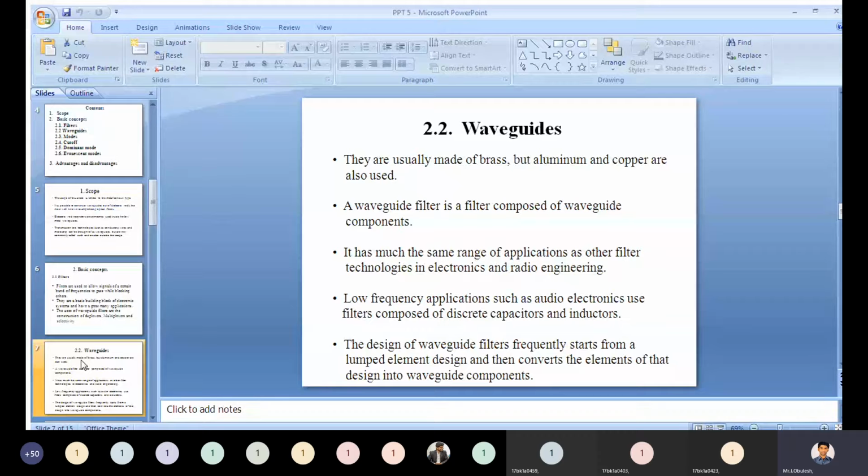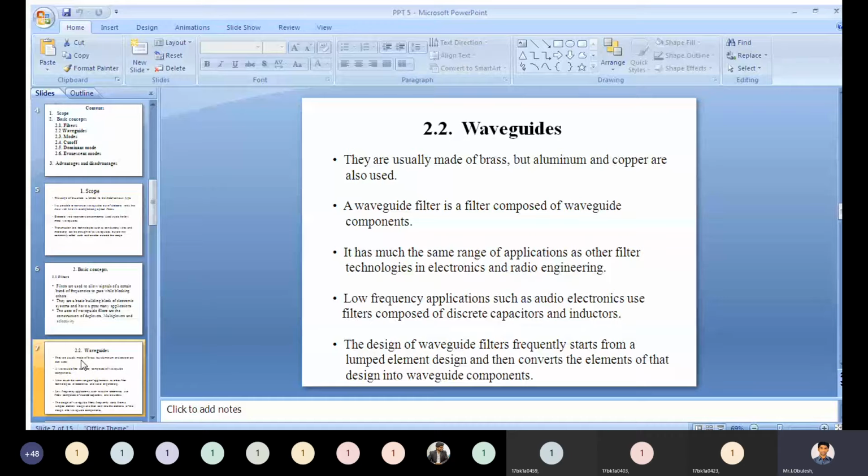The technology used for constructing filters is chosen to a large extent by the frequency of operation that is expected, although there is a large amount of overlap.